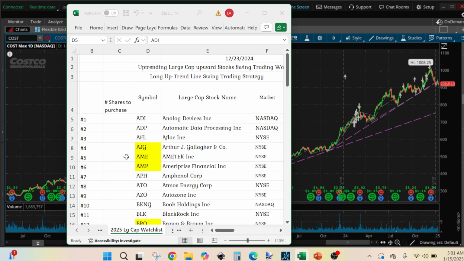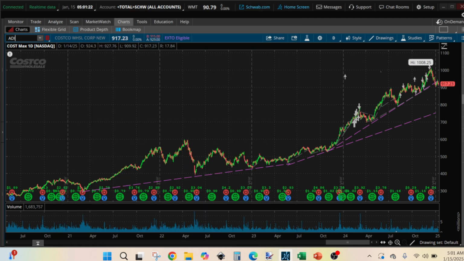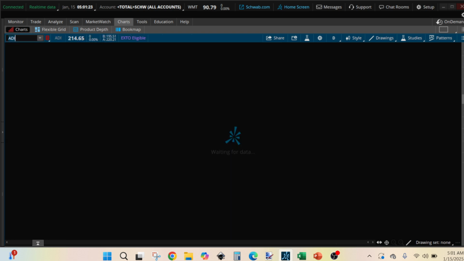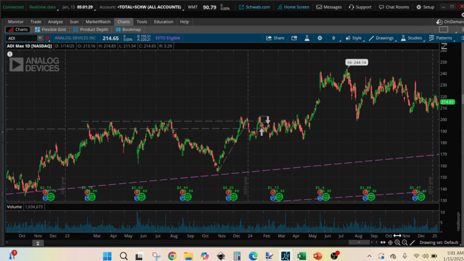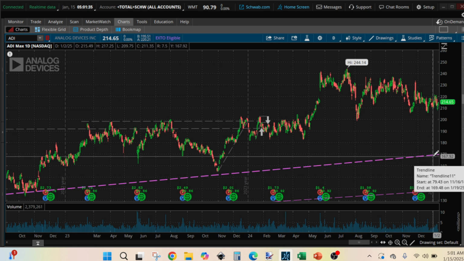So the first one we are going to analyze is ADI. For ADI, the last price bar is still far from our trend line. The purple trend line is the trend line we would like to buy the stock at.